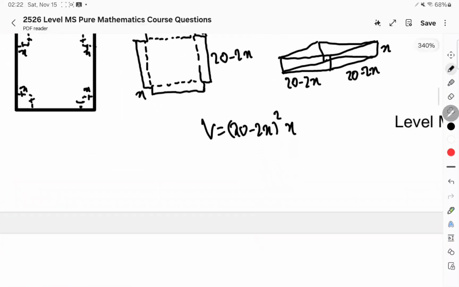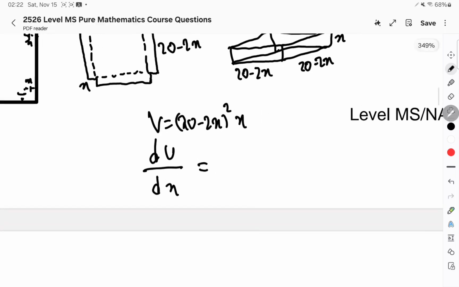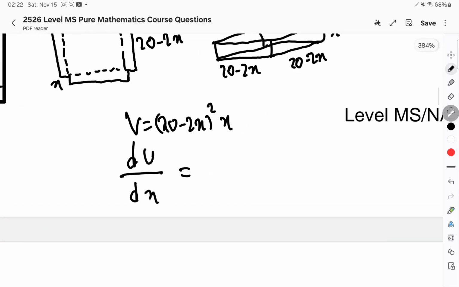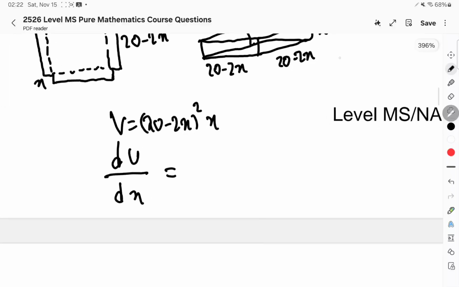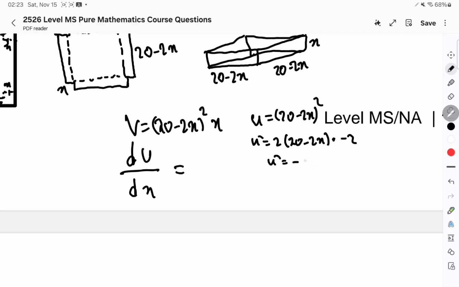To find the maximum, we must derive dv over dx. We have to do the product rule mixed with the chain rule. So here we'll say u is equal to 20 minus 2x squared. U prime is 2 times 20 minus 2x multiplied by minus 2. So u prime is equal to minus 4 times 20 minus 2x.